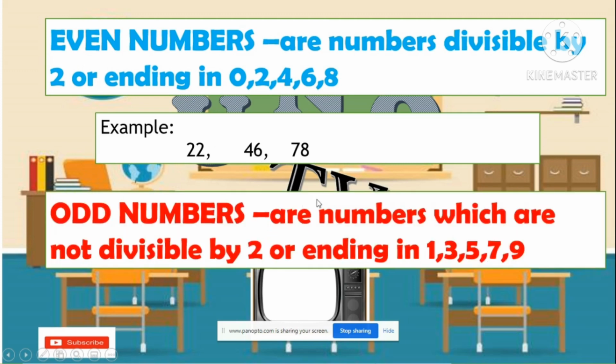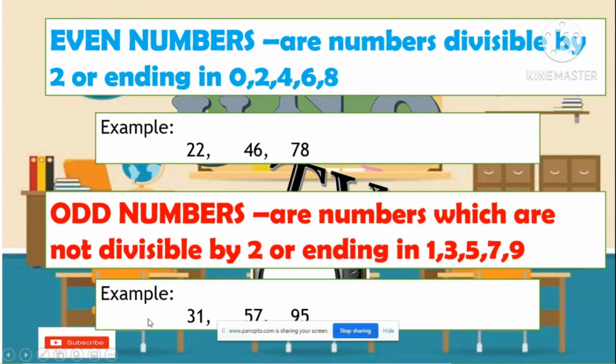Well, odd numbers are numbers which are not divisible by 2 or ending in 1, 3, 5, 7, and 9. The examples of these are 31, 57, and 95 because these numbers are all not divisible by 2 and they end with the numbers 1, 7, and 5.